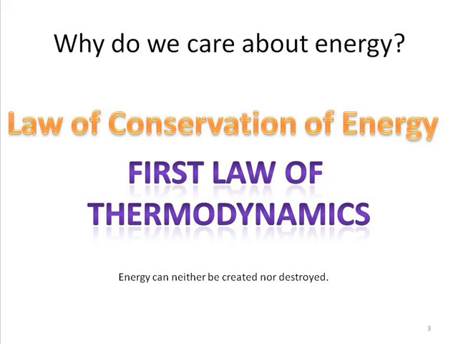This we refer to as the law of conservation of energy. This is also referred to as the first law of thermodynamics, and is usually stated as energy can be neither created nor destroyed. This is one of the fundamental laws of physics, and it's been found to always hold true. In Einstein's day, he was able to show that mass is a form of energy, and that the two can be transformed into one another.